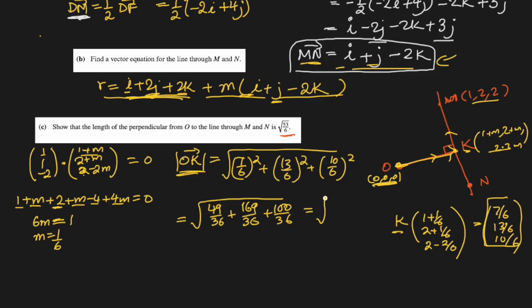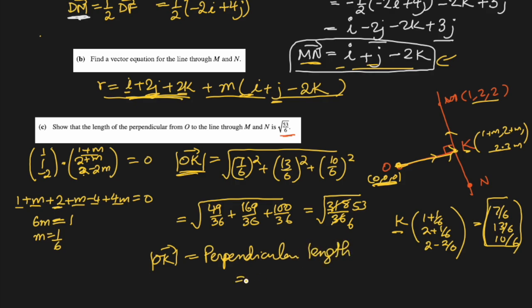If I calculate, it comes out with 318/36. We can cancel this by 6. And yes, OK, which is the perpendicular length, is equal to square root of 53 over 6, and that is what they wanted us to show.